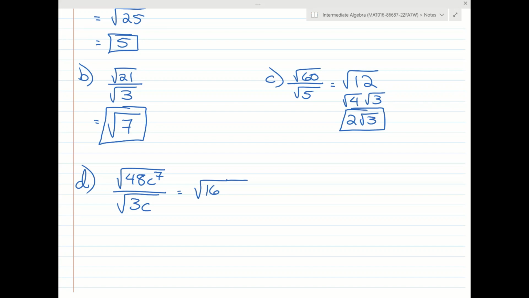And you guys remember what we do if we have the same bases? What do we do with the exponents? Yeah, c to the 7th divided by c to the 1st as well. We subtract them, so this is c to the 6th.